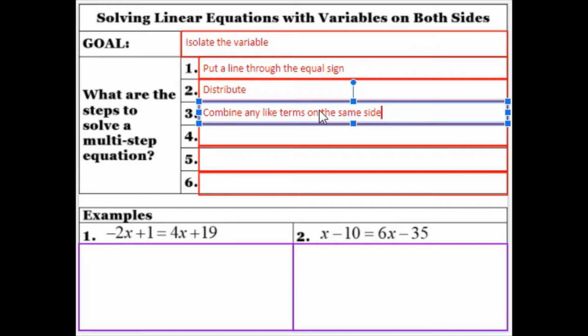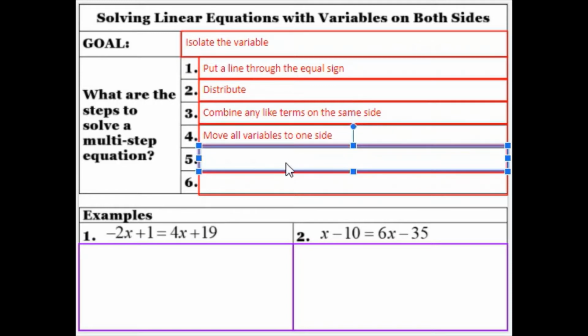Once both of your sides are simplified, our new step is that we must move all variables to one side. Now this side is up to you. It's your choice.